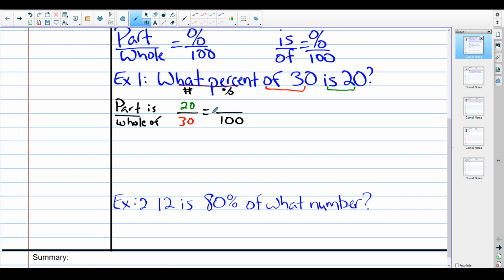So the question is asking us to solve for a percent. This is our missing number. From here, this is just solving proportions. It's just cross multiply and divide. The only new part is setting up the proportion. Everything else we've done before.